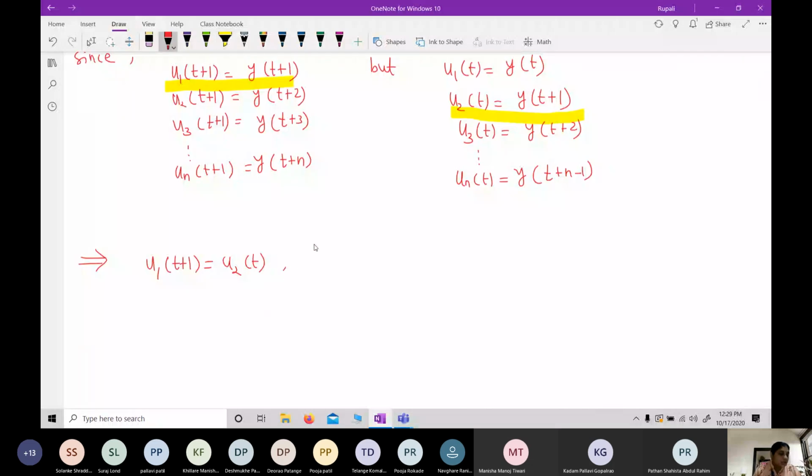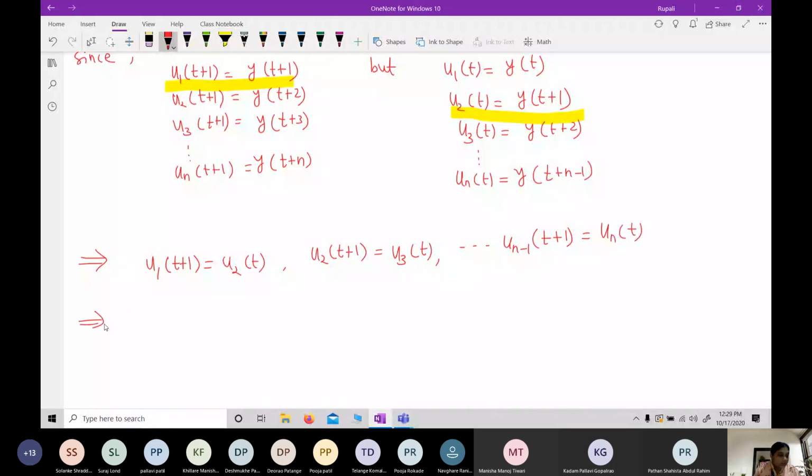What is u2t plus 1? It is u3t, and so on. What is un minus 1 of t plus 1? It is unt, right?